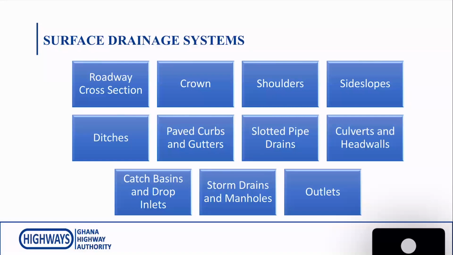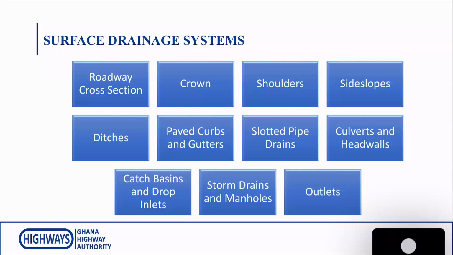Now, I have mentioned that we have drainage problems. So on the screen, you will see various points that we will look at to describe surface drainage systems. For surface drainage systems to work efficiently, you need a roadway cross-section.